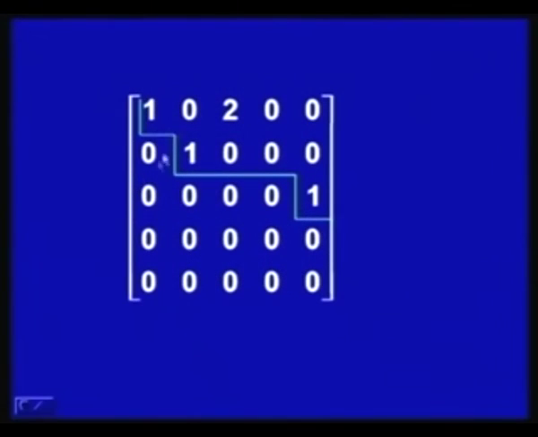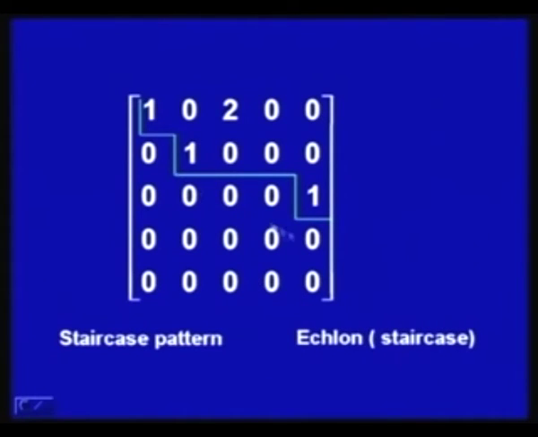Now, one may notice that this is the boundary where we have non-zero elements, and the rest of the elements here are zeros. This pattern is a sort of staircase pattern, and that is why we call this matrix an echelon matrix or a staircase matrix.